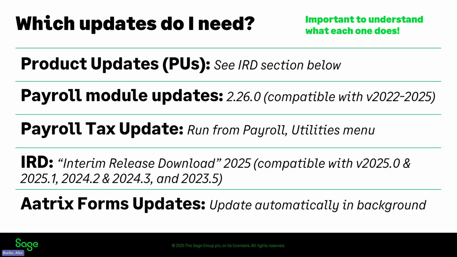Brings us to one of the top questions at year end every year: which updates do I need? And what do they do? Right? It's really important to understand what each of these do. I can't say enough. You always have to have a backup. Even just a couple months ago, I had a case with someone and it worked out okay, but she got lucky.